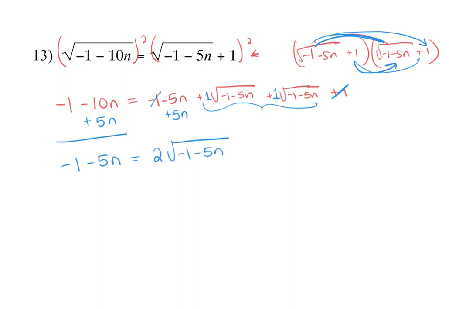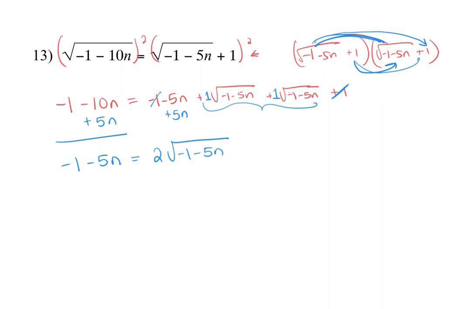Okay? So all I've done is simplified this right side. Now I have something that actually looks like my earlier problems. I have 1 plus or minus on the left-hand side.